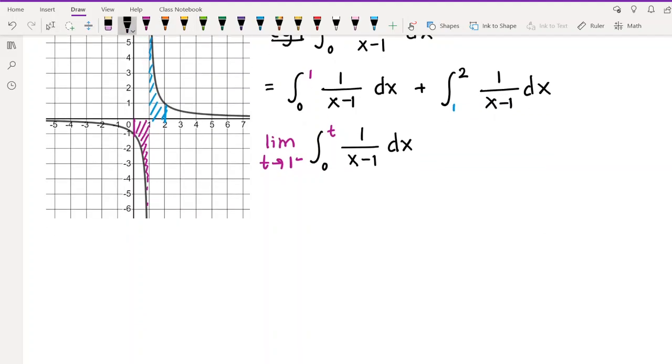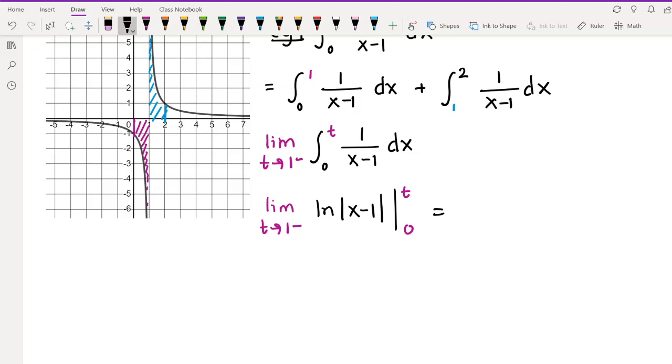So what do we get for our antiderivative here? Well, the antiderivative of 1 over x minus 1 is ln of absolute value of x minus 1. So this is the limit as t approaches 1 from the left of ln of absolute value of x minus 1, and we're evaluating that at t and at 0. So in this case, we can actually see why the absolute value is important.